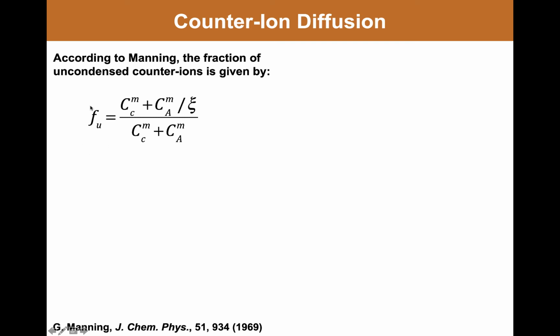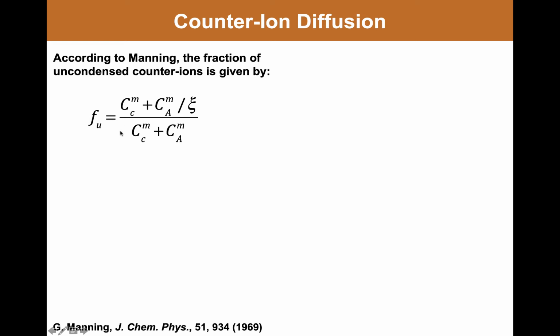The number of uncondensed counterions in the membrane depends on the number of co-ions, because you have one uncondensed counterion for each co-ion, plus the fixed charge concentration on the backbone divided by the Manning parameter. And this reflects the fact that some of the fixed charges are shielded as a result of so many ions clustered around those fixed charges, or condensed around them.